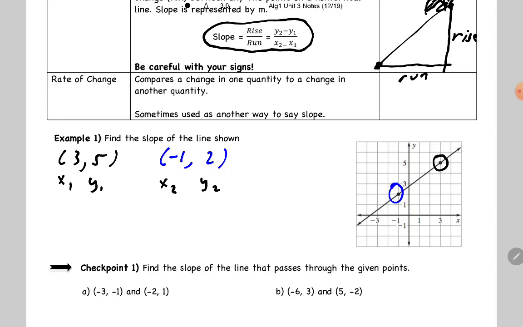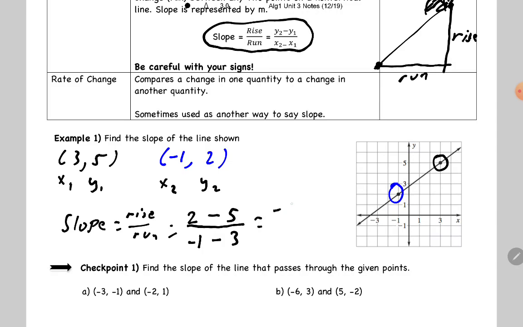Okay, so let's use our formula. Slope is rise over run. Rise deals with y coordinates. So y2 minus y1 over x2, which is negative 1, minus x1, which is 3.